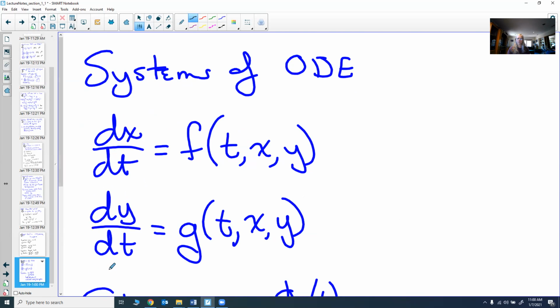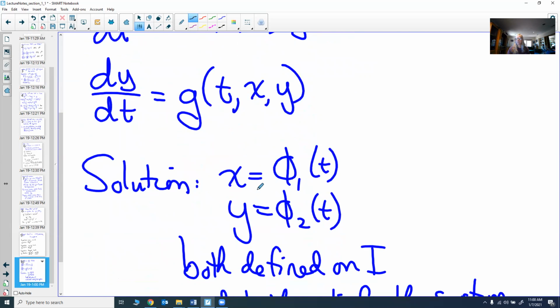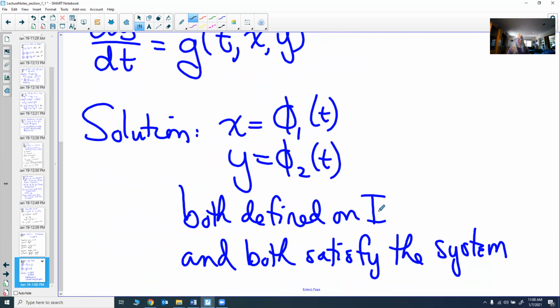And then the derivative of y with respect to t is some different function of t, x, and y. Your solutions would be some function of t for x and a different function of t for y. Both are defined on some interval I, and both satisfy the system. Unlike systems of equations that you've seen in algebra classes, your solutions here are not necessarily unique. They're equivalent to each other, but they're not unique. And so that's kind of an introduction to what differential equations are about, and we will move from there.